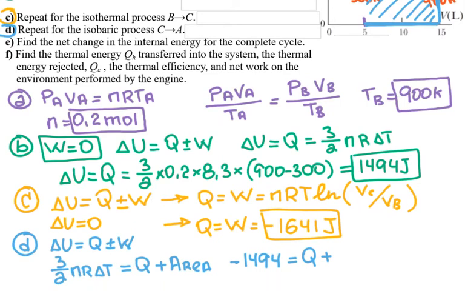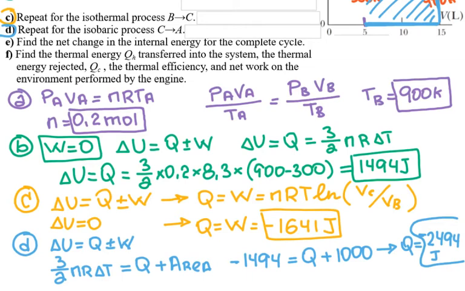So that will give me 1000. And then from here I see that the heat added into the system is equal to, or taken away from the system, 2494. So it's negative 2494 joules, and the number is negative.